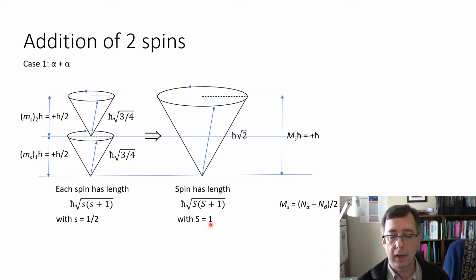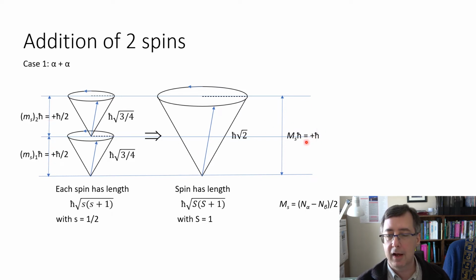And notice there's a nice little feature here. S equals 1 matches the addition of 2 s equals a half. So half plus a half gives me 1. And so there is a nice kind of addition property with the s's. So that's cool. I'll also mention, I added a half plus a half and got 1.